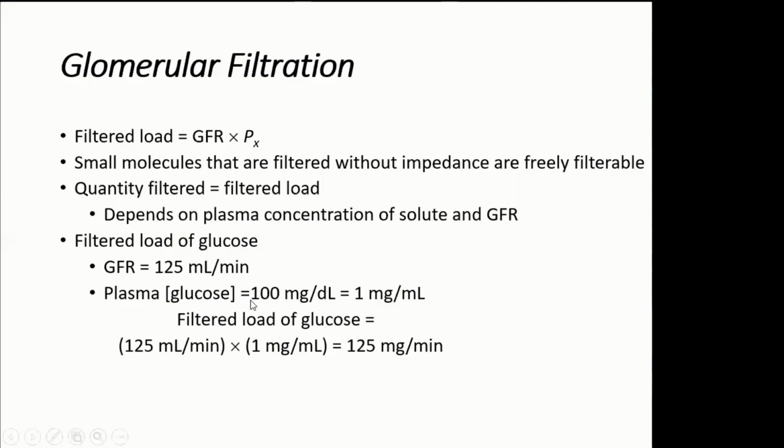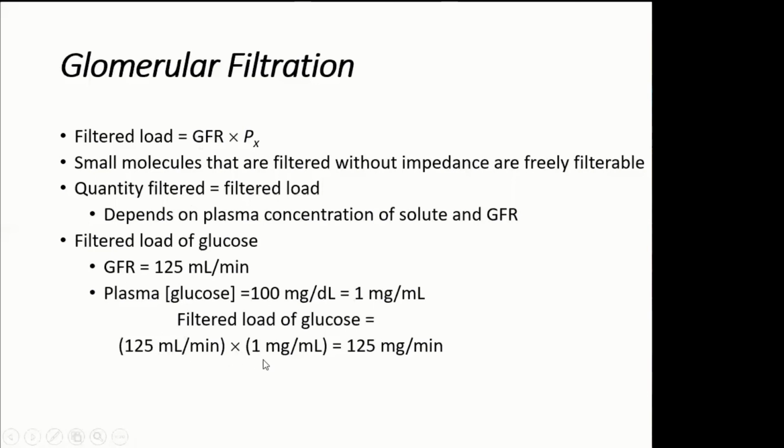We might express it as 100 milligrams per deciliter, same thing. So our filtered load for glucose is going to be that 125 milliliters per minute, our glomerular filtration rate, multiplied by the concentration of glucose, which conveniently is 1 milligram per milliliter.